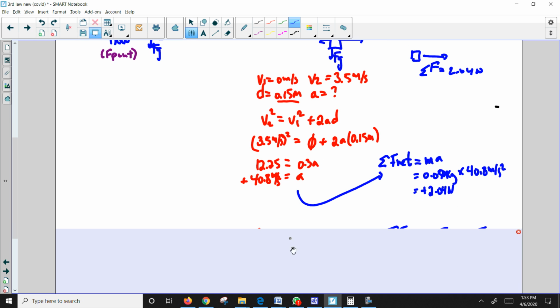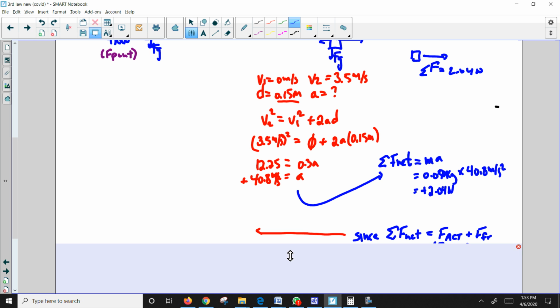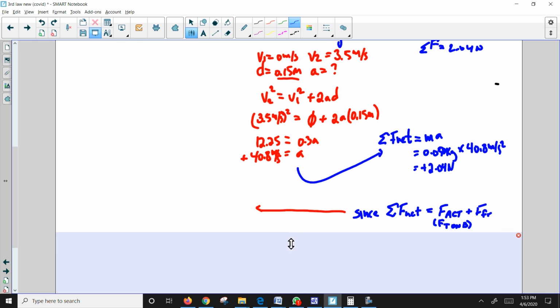Now, what's going to happen is I have to figure out what is the actual action force. This is where this question is different from the other questions, right? So let's look at it. When you look at the statement here, the sum of the forces is equal to the action force, tank on the projectile, plus the force of friction. You really have to be careful with this. So I know the overall force is going to be 2.04.